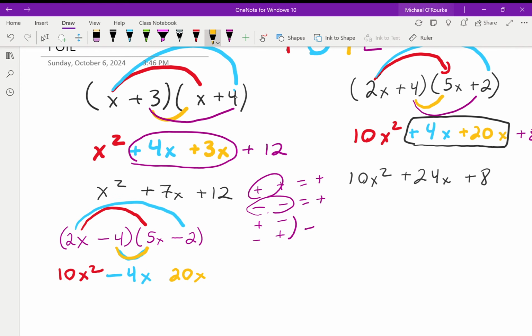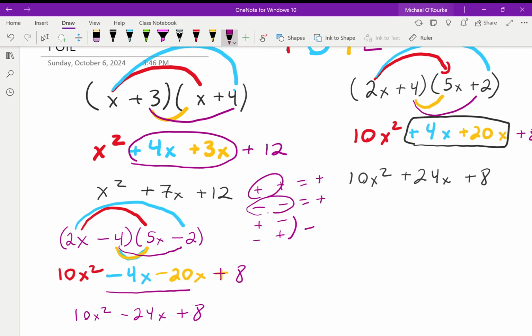We have one negative and one positive, so that's going to be a minus. Lastly, a negative times a negative is a plus, and 4 times 2 is 8. Then let's put these two together: 10x squared minus 24x plus 8.